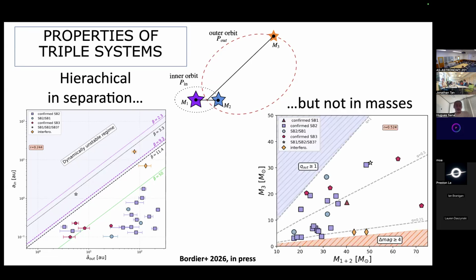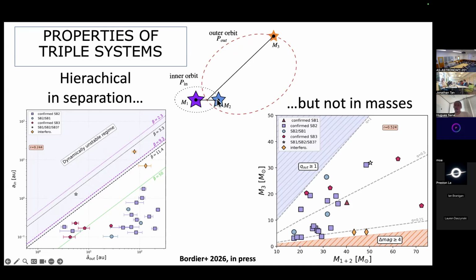What's also interesting is to look at the distribution of the masses, then it's much less clear. While we have a clear regime of hierarchy in the separation, in the masses it's not the case. The primary is by definition always the most massive star, but sometimes the second companion is more massive than the third companion.